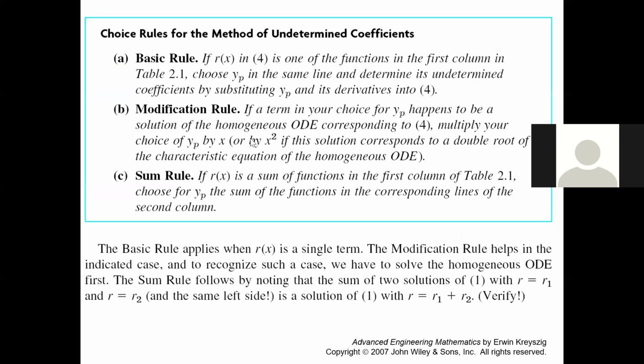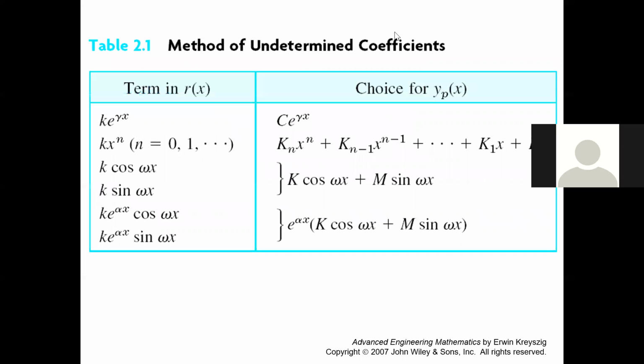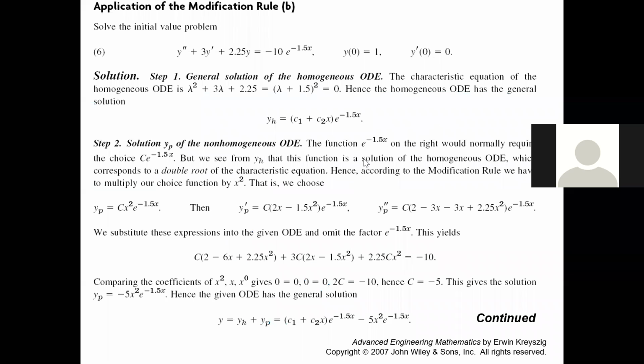Because just now I wanted to ask something about the problem that you have just solved. Go ahead. Do you have questions on the example? Yeah. Okay, what was it? So why do we need to omit the factor of e to the power of minus 1.5x, sir?